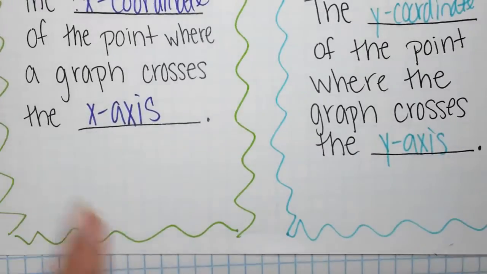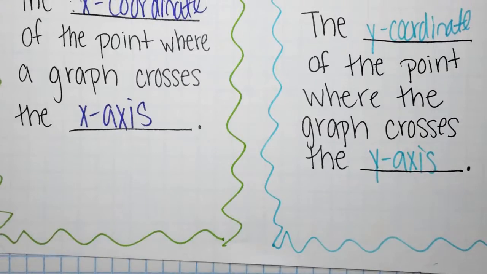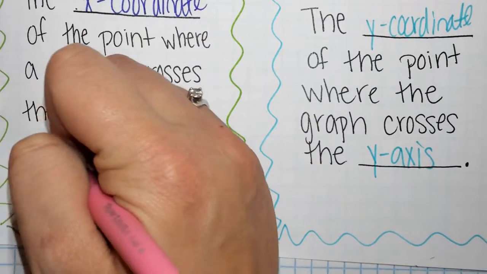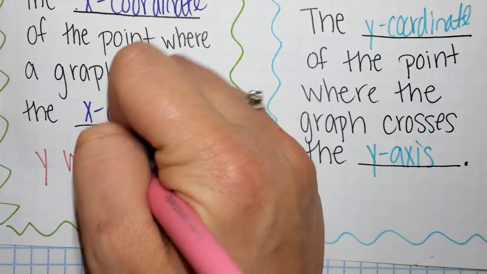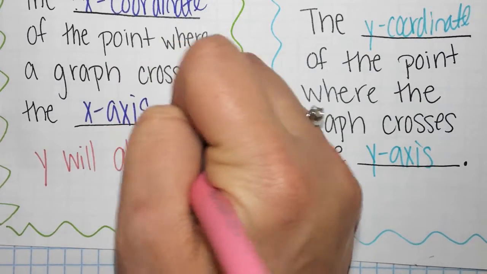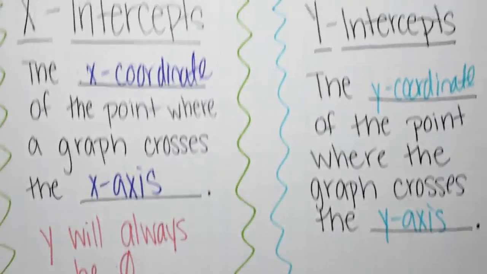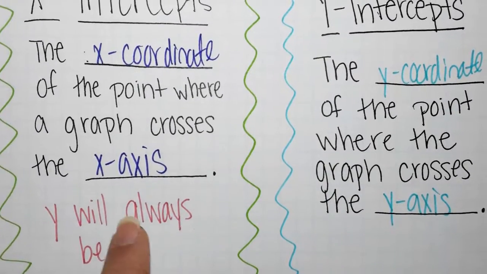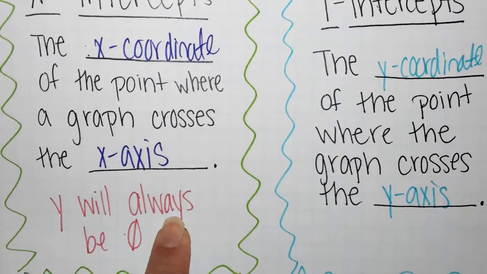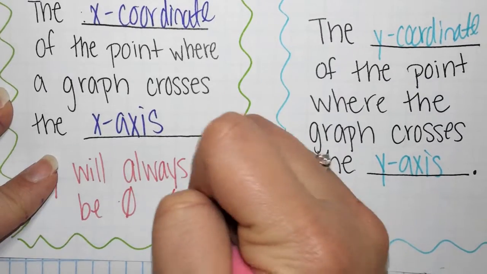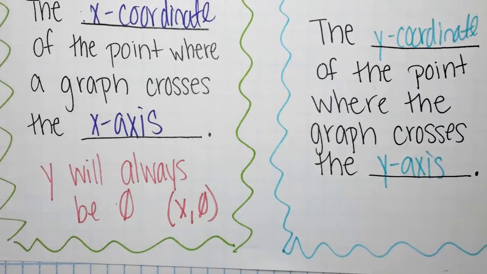Underneath here, I want you to write y will always be 0. That's on your x-intercept. So on your x-intercept, y will always be 0, so the coordinate is x, comma 0.